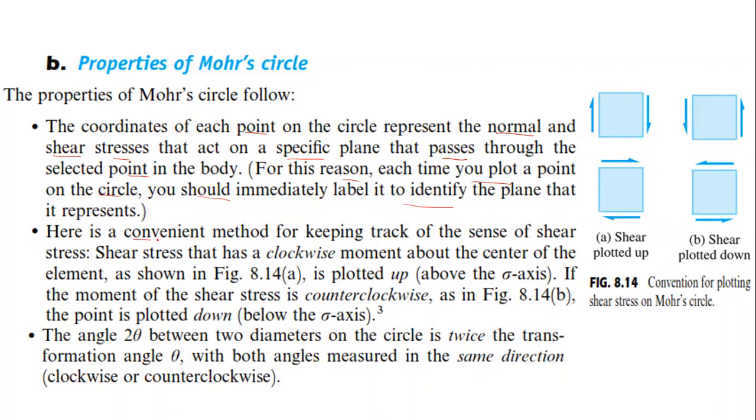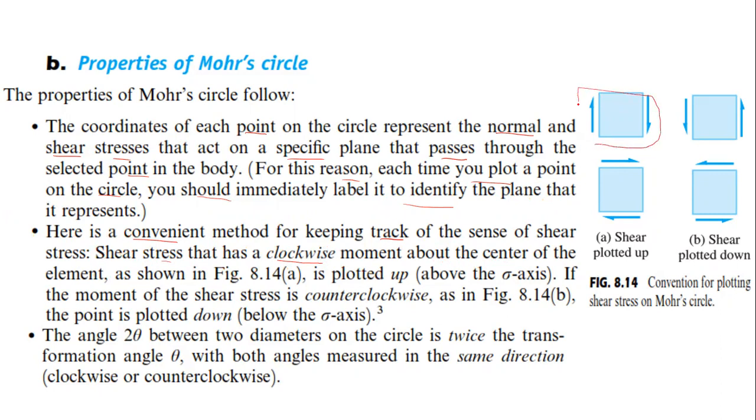So here is a convenient method for keeping track of the sense of shear stress. Shear stress that has a clockwise moment about the center of the element, as shown in this figure, is the representation of shear stress.